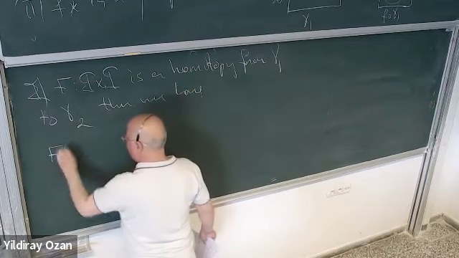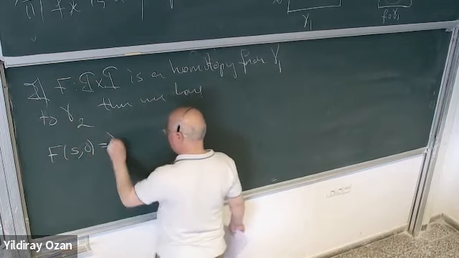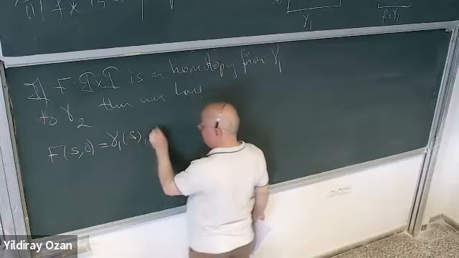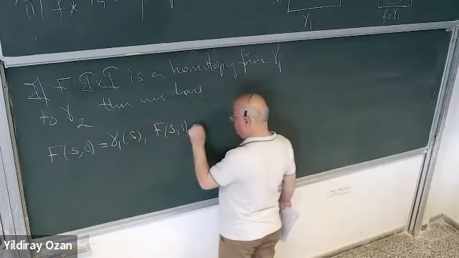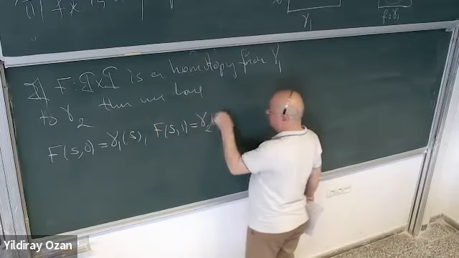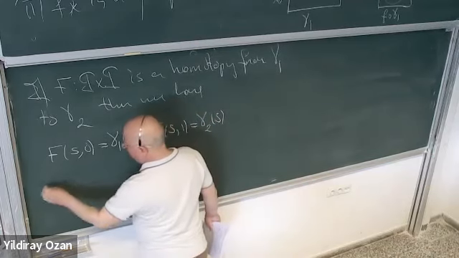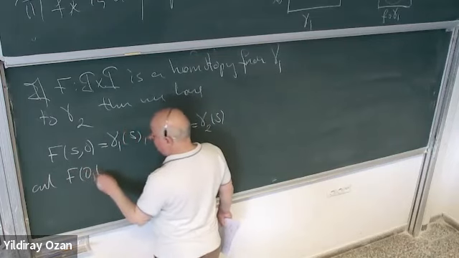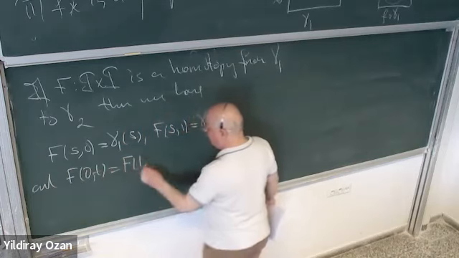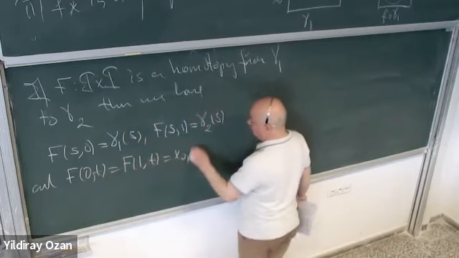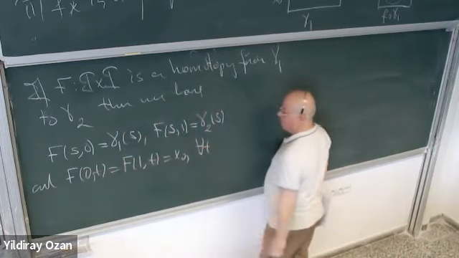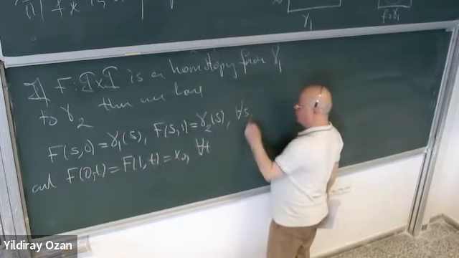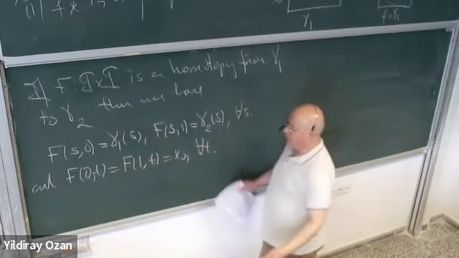F of s,0 is gamma 1 of s, F of s,1 is gamma 2 of s, and F of 0,t and F of 1,t are all x0 for all t. And here, of course, for all s.